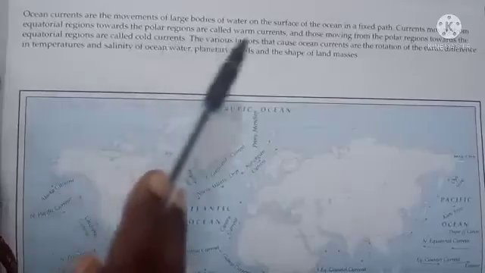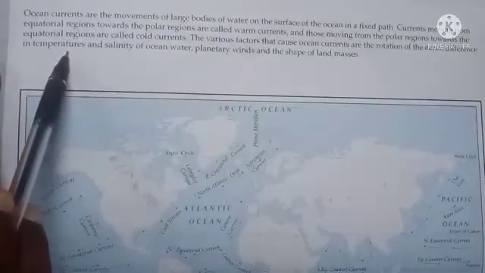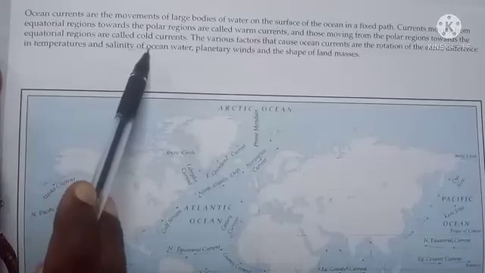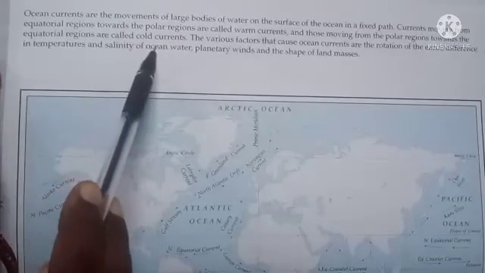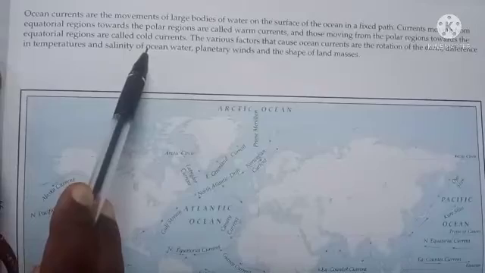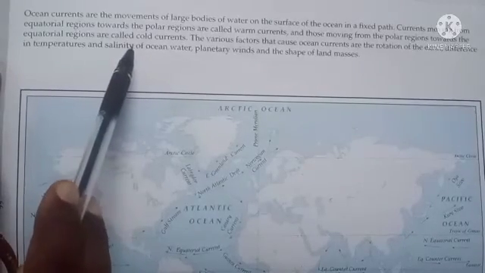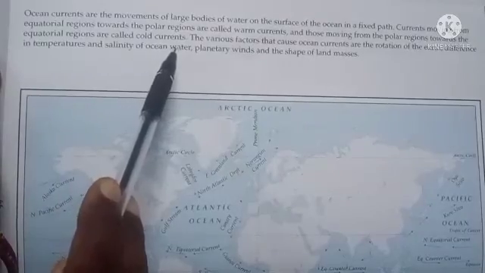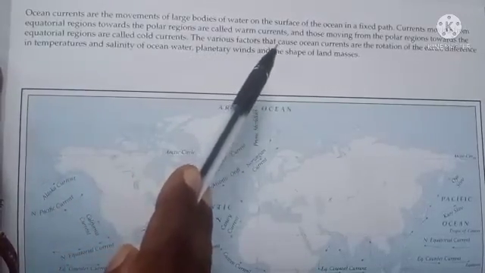So the 3 types of zones have 3 different temperatures. And we know the salinity of ocean water. What is the salinity of ocean water? It is the saltiness, the quantity of salt in the ocean water. That is also one cause for the ocean currents.